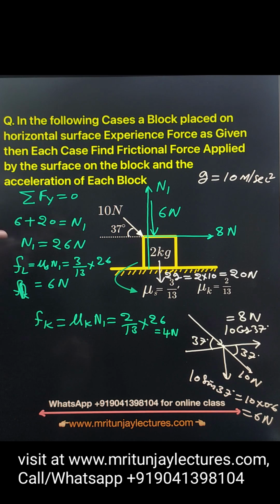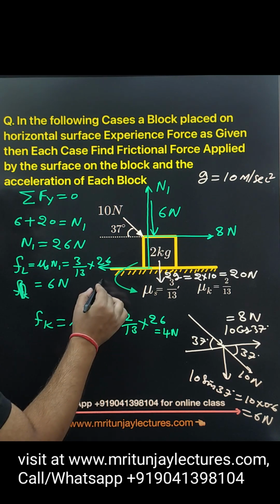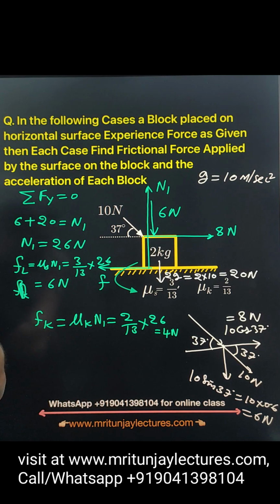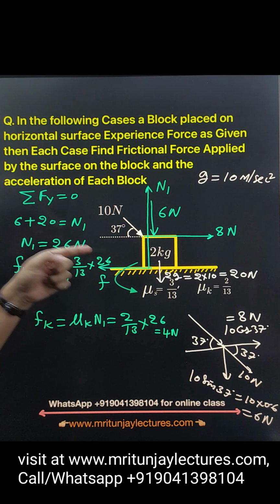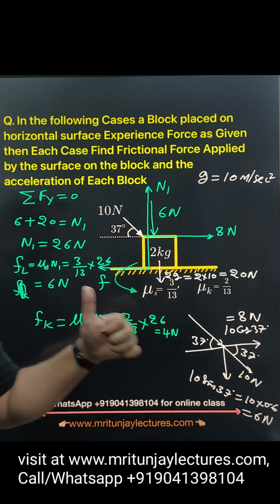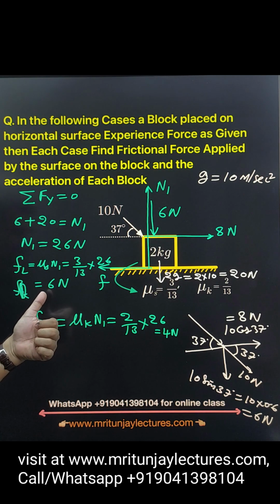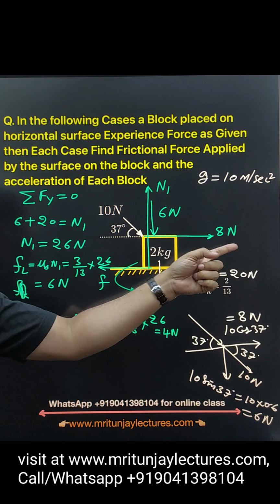Okay. If this block is moving along this direction, then the frictional force develops in this direction. Suppose that is F. So whether this block is moving or not is decided by the driving force and the maximum frictional force. Maximum frictional force is 6 Newton and driving force is 8.